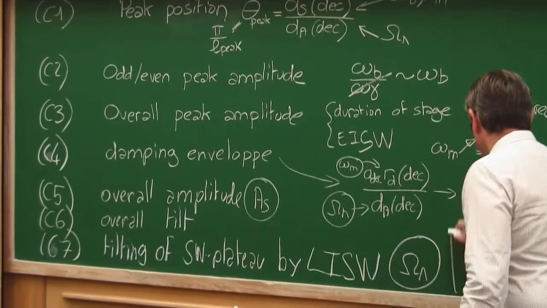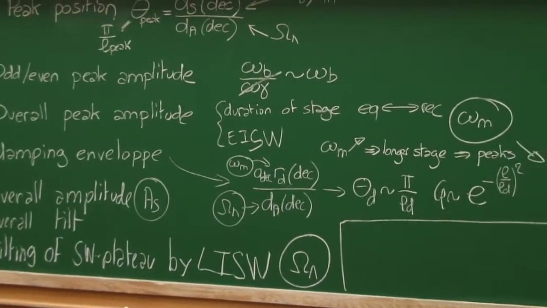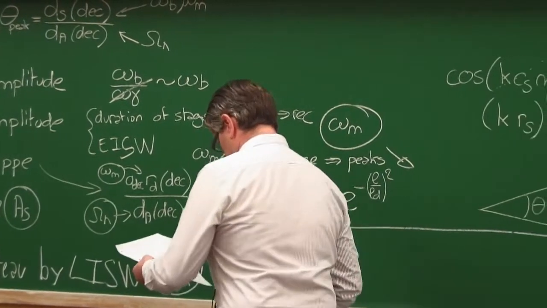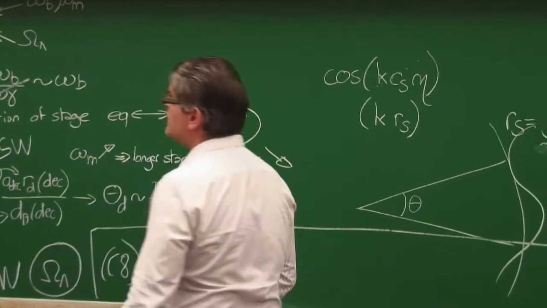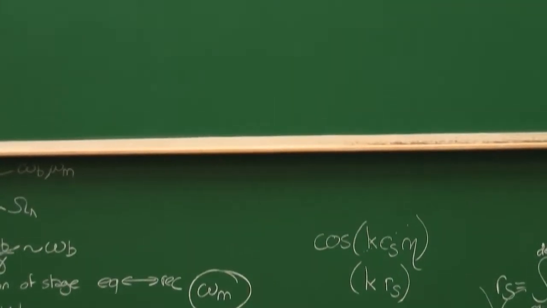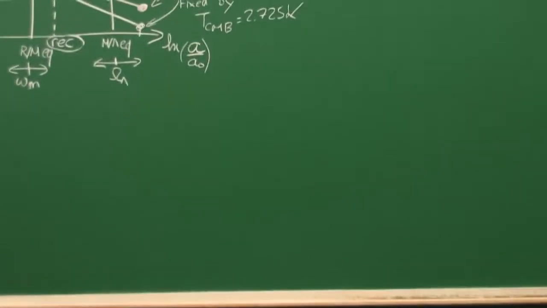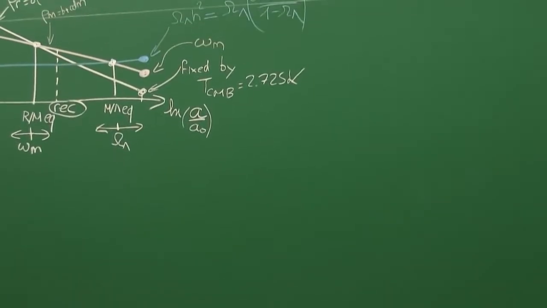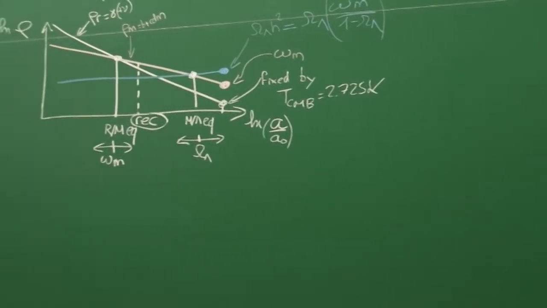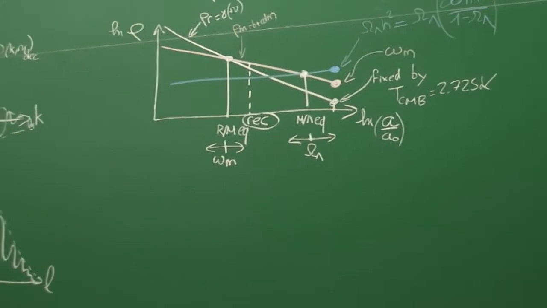Okay, and to finish, effect C8 is the effect of reionization. We said that reionization damps all the spectrum by a constant factor above a scale corresponding to the Hubble radius at the time of star formation, and it leaves the left part unchanged.